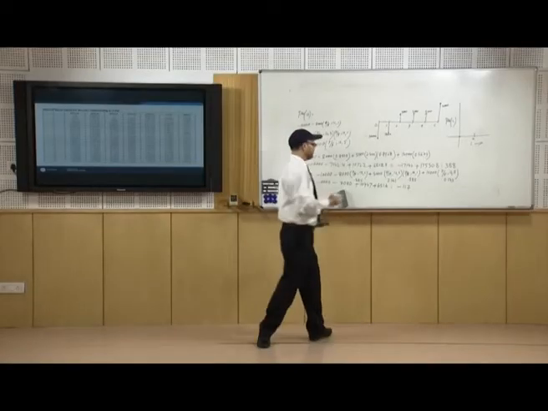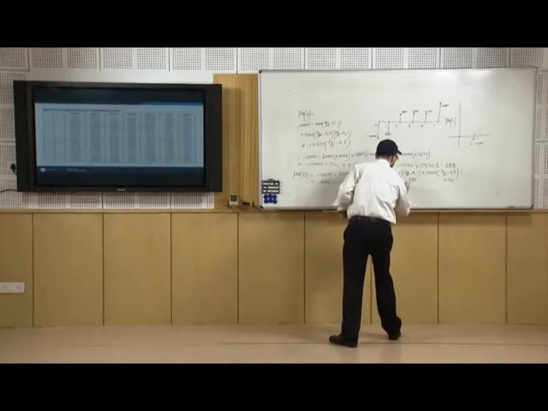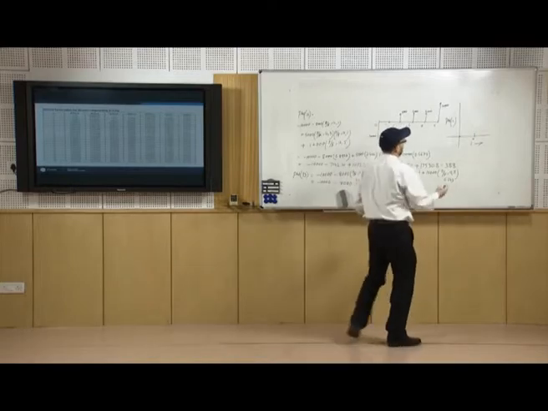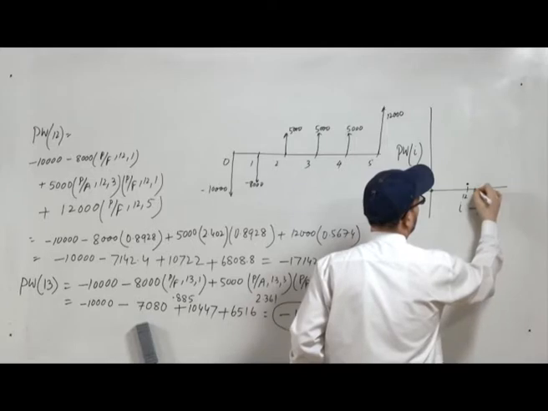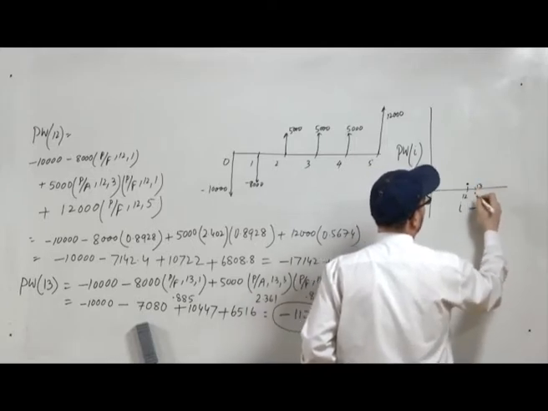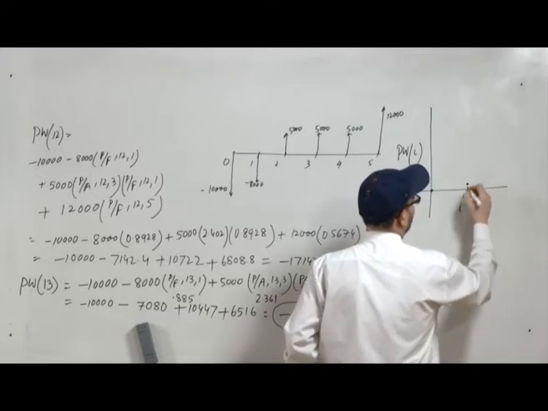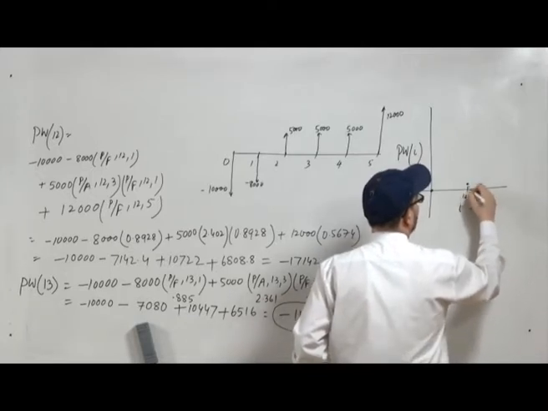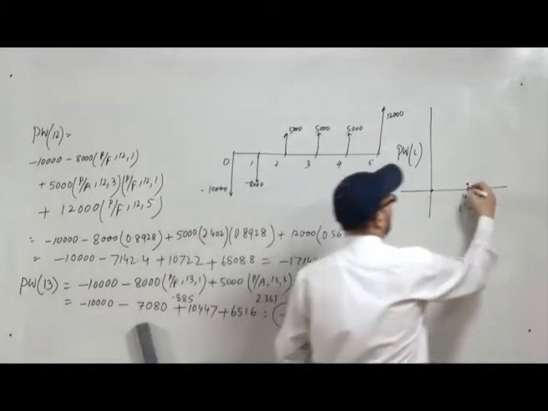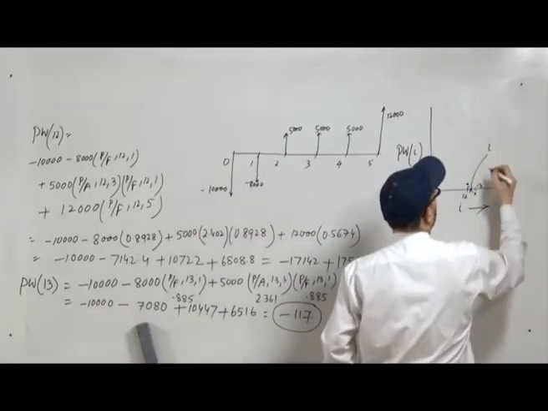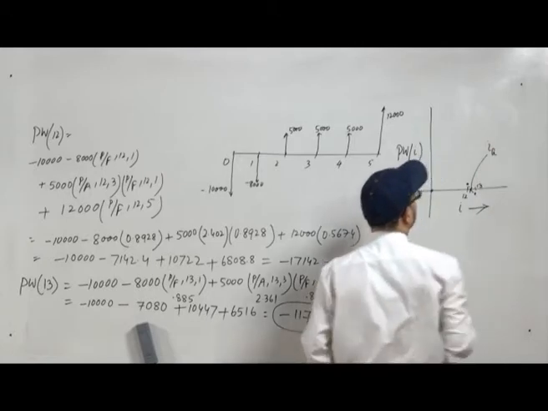Now, see that for 13% interest rate it has gone negative. It means at some point in between, this point will be the rate of return.